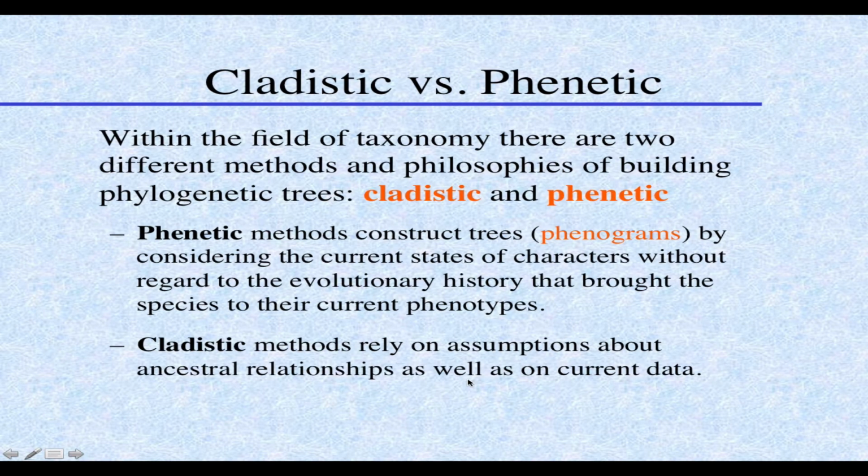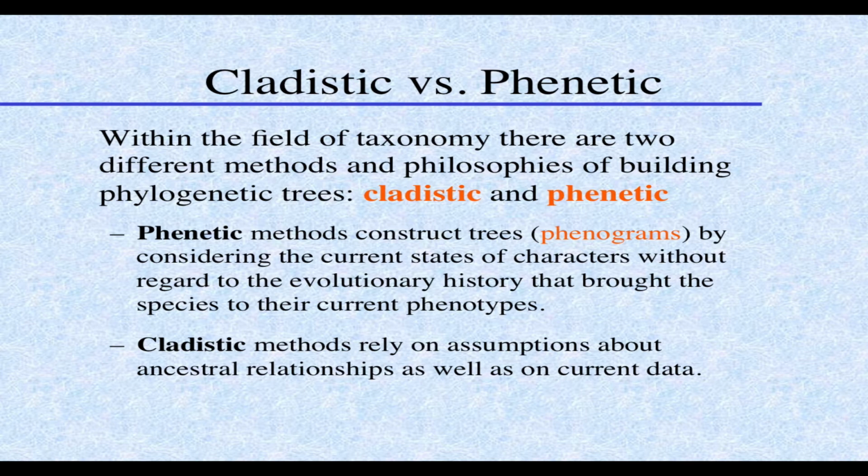Okay, there are two branches of phylogenetic methods. There are the cladistic methods and the phenetic methods. The cladistic methods are more theoretically complex, and very frequently they can give you better trees.